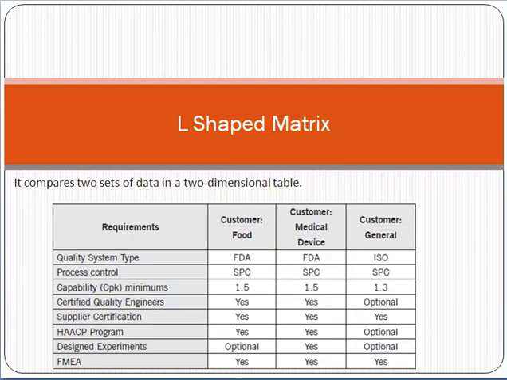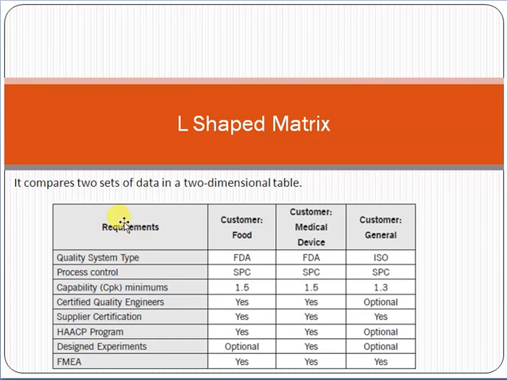See here friend, let me give you a very simple example of an L-shaped matrix. Basically friend, there are 7 types of matrix diagram, but considering the limitation of time, we can see a very simple example of the L-shaped matrix. The L-shaped matrix compares two sets of data in a two-dimensional table.